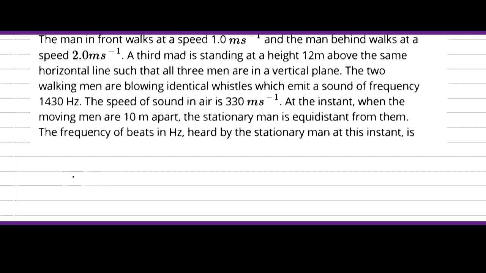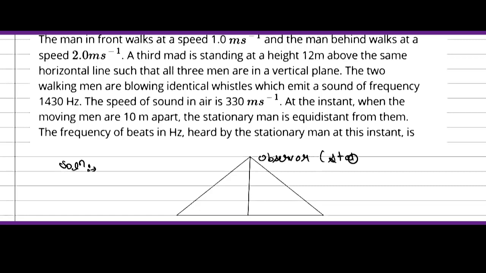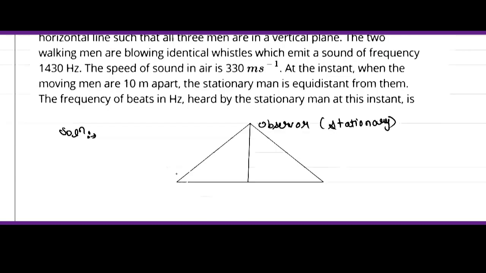So the solution of this question is, firstly we can draw the diagram to understand it better. So this is the observer, that is stationary, and we have A and this is B here, and we have the angle theta here.